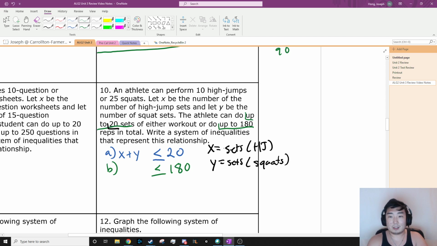How many reps does he do per set of high jumps? He does 10 high jumps per set. And he does 25 squats per set, and this is a rep. So this is a representation of the story above.